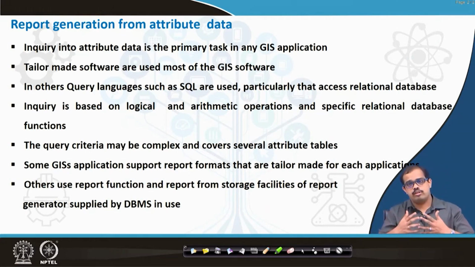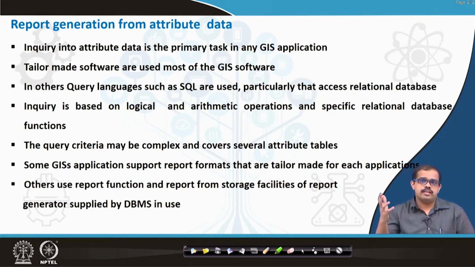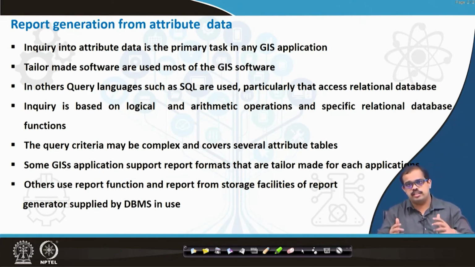So, software have their own ways of representation. Normally, heavily paid software have a huge number of flavors of these representations. Open source does not have as much classification in these terms, but report generation can be made. Simple reports can be easily done.